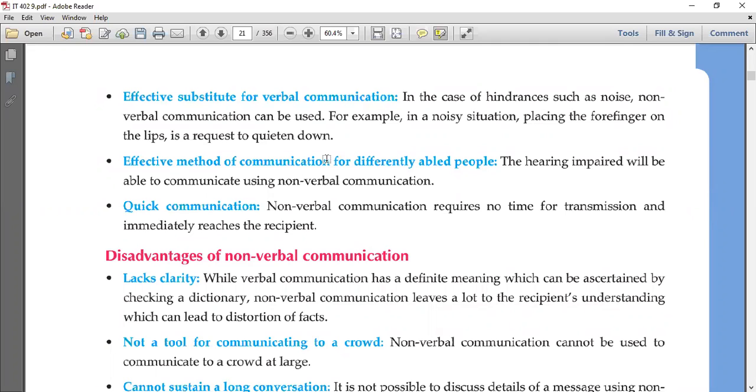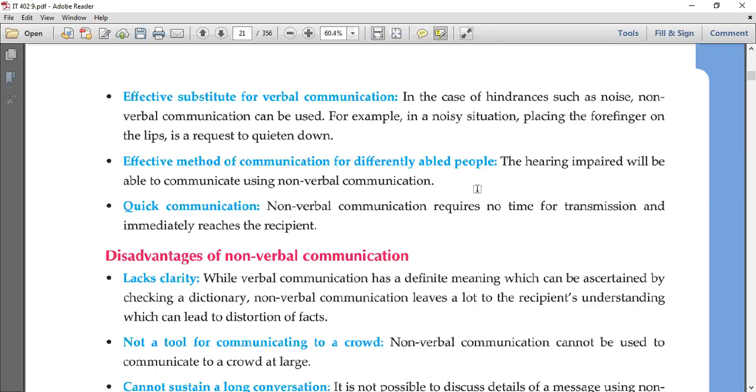Then, an effective method of communication for differently abled people, especially the hearing impaired, the person who cannot hear. With a person who cannot hear, verbal communication cannot happen. Written communication can be done, but verbal or spoken words cannot be used, right? So for those kinds of people, this non-verbal kind of communication is the best one, right?